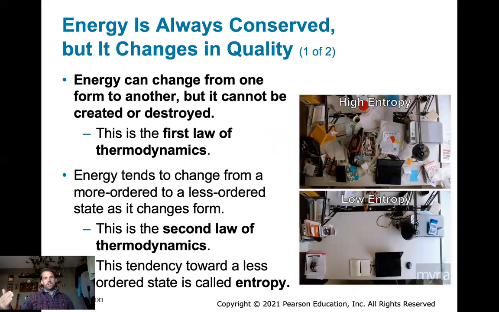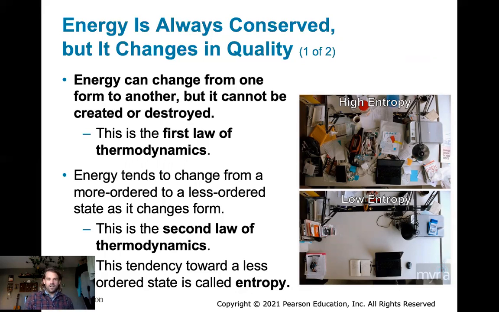So this brings us to some thermodynamic laws, and you may have heard these as well. The first law of thermodynamics is that energy can change from one form to another, but it cannot be created or destroyed, okay? Now, that's the first law. Energy does tend to want to change from more ordered to less ordered.